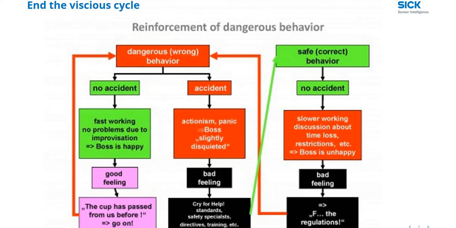This is a good feeling, and this is added motivation to continue this wrong behavior until eventually we get an accident. Then nobody's happy, and hopefully it's not a fatal accident. Try to prevent it. In the long run, we try to prevent this culture at the workplace to begin with. And like I said, the standards are very closely tied to some of these mindsets that this vicious cycle is showing here.